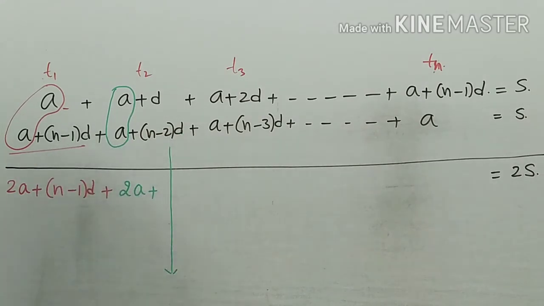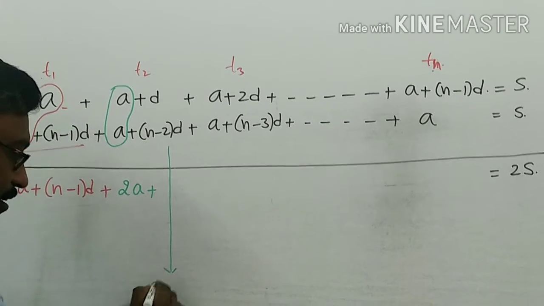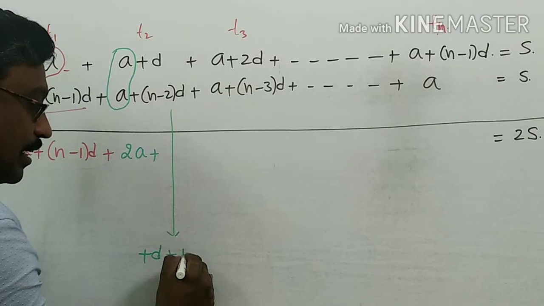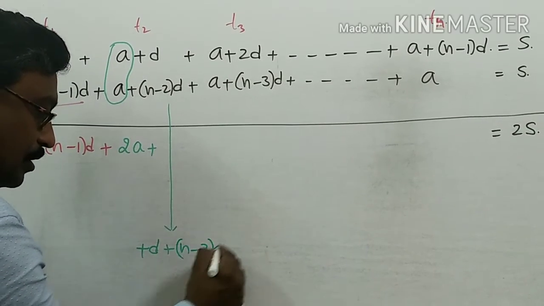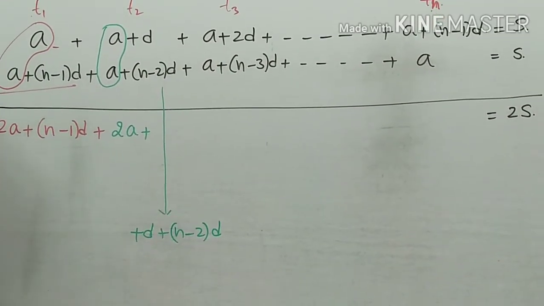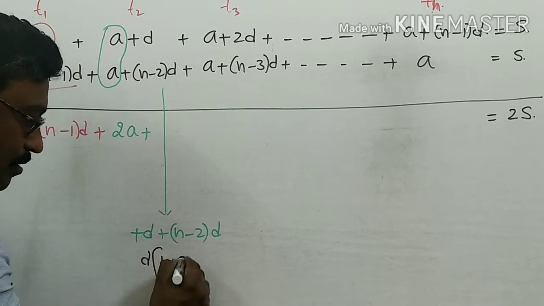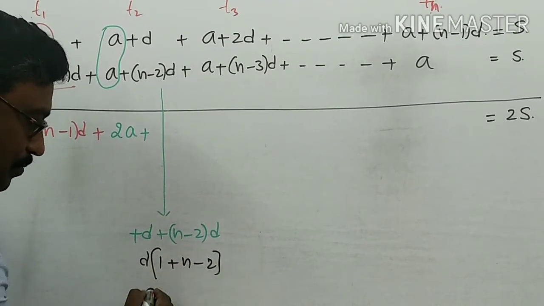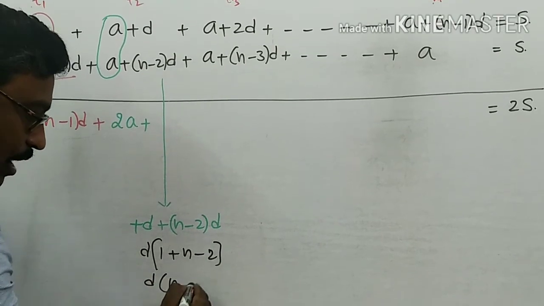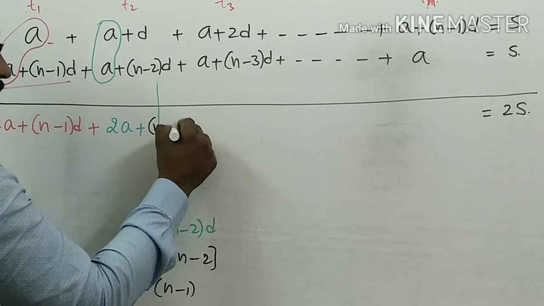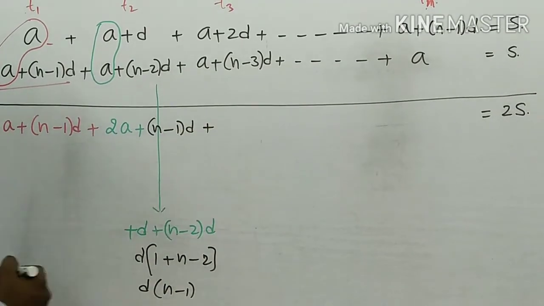I am adding d and (n − 2)d, that is (n − 2)d. I am taking d common. Then what is here? 1 + n − 2, so n − 1. So how much did we get? 2a + (n − 1)d.